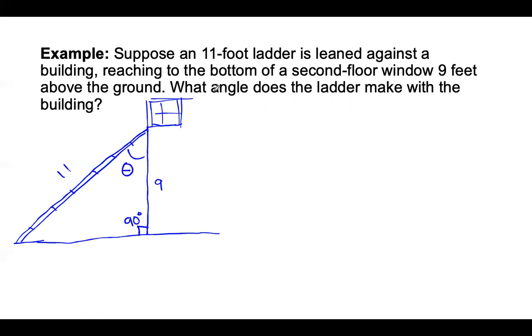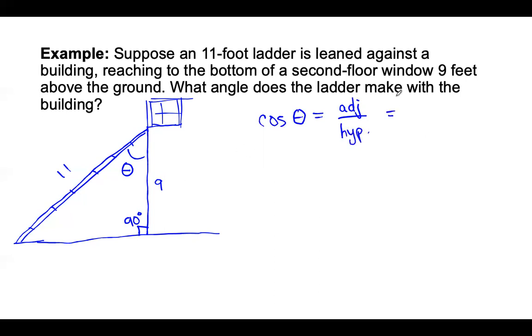So which trig identity would we be using to solve this problem? Cosine, right, it's cos. Does everyone see that? Right, okay, so cos is adjacent divided by hypotenuse.